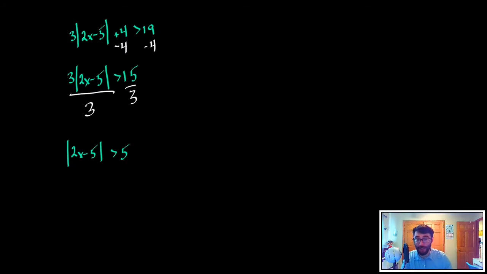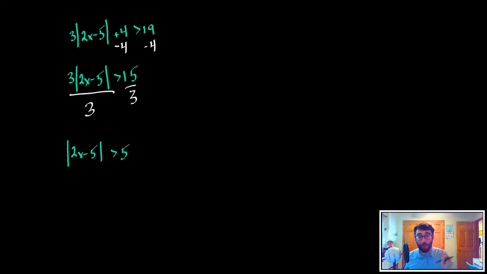Now that we have it isolated, we have to set up our two inequalities, or a compound inequality, and determine if it's an "and" or an "or" compound inequality. Since the absolute value is isolated and it is greater than, it's going to be an "or" compound inequality.